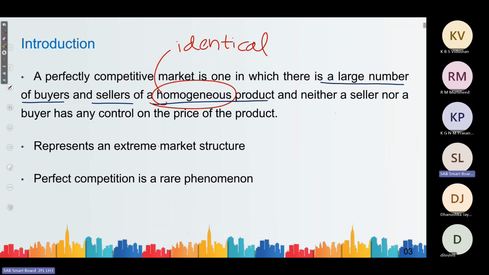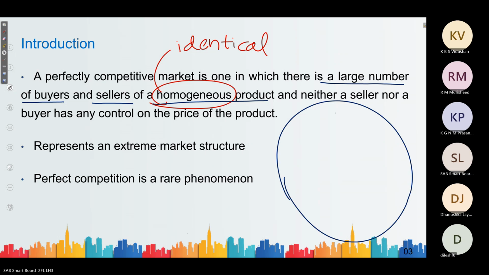Since there are a large number of sellers, one particular firm represents only a negligible share of the market, a very small portion. Therefore, this small firm, by changing its quantity, cannot significantly influence the market price.